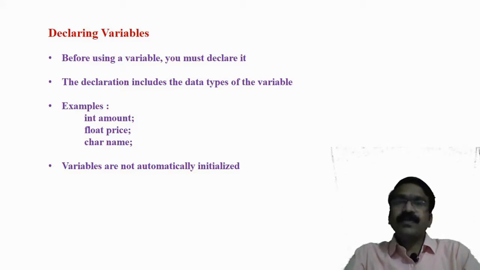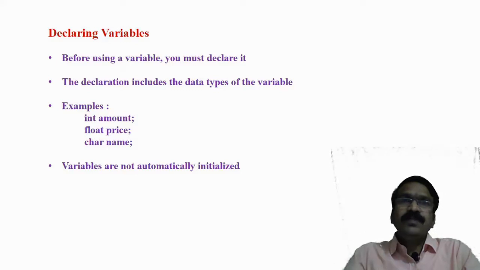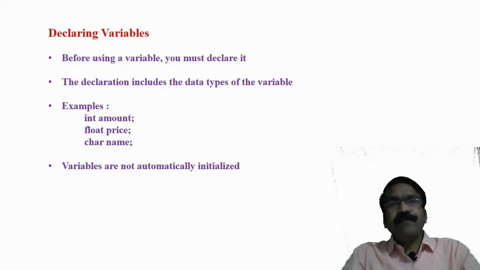In our program, suppose these variables we want to use, amount, price and name, that I have declared here as integer amount. Means what will happen?